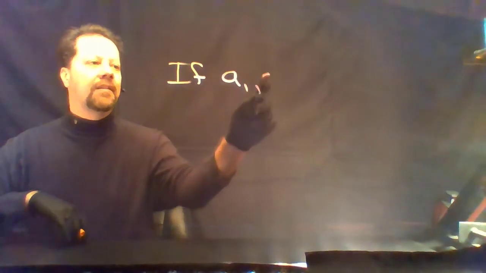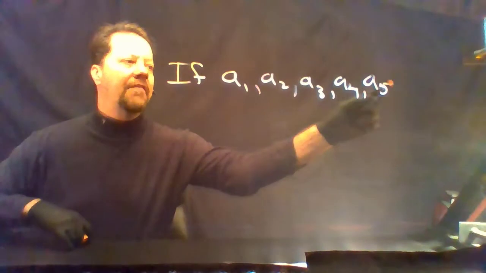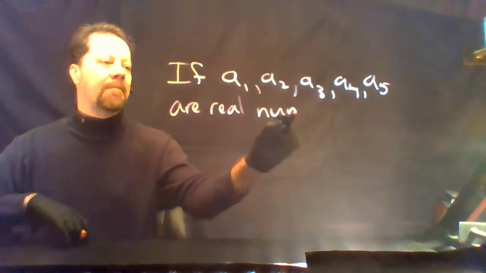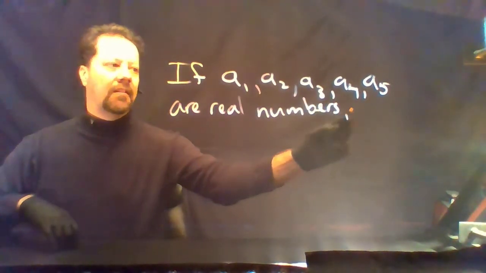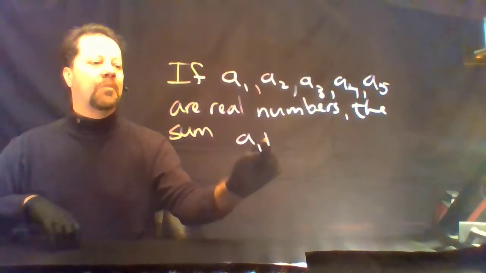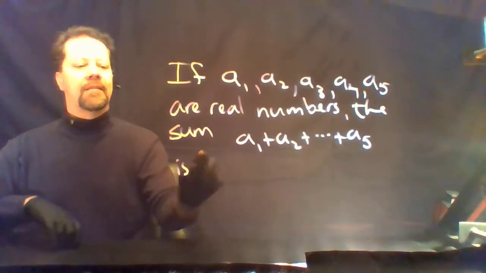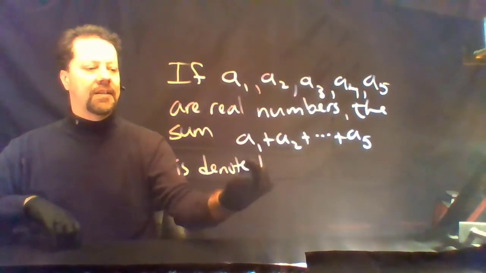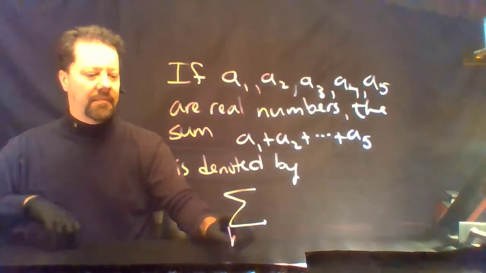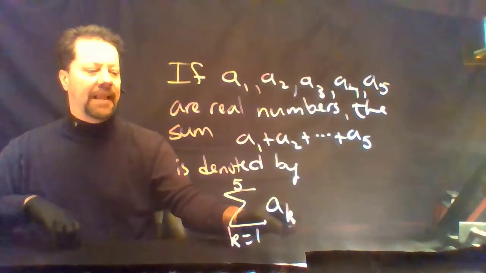If A1, A2, A3, A4, and A5 are real numbers, the sum A1 plus A2 plus through A5 is denoted by the sum as k goes from 1 to 5 of A sub k.